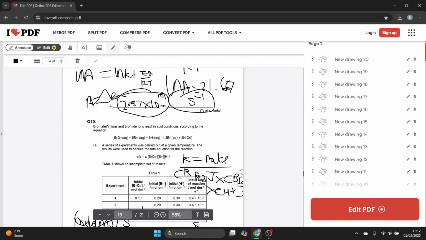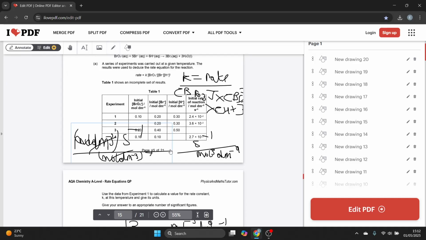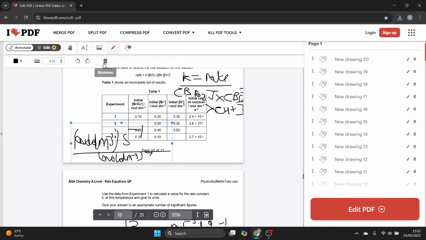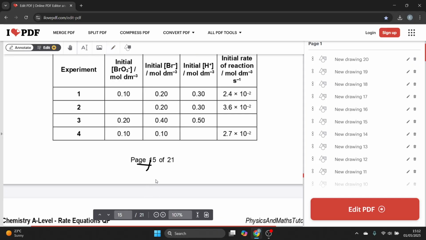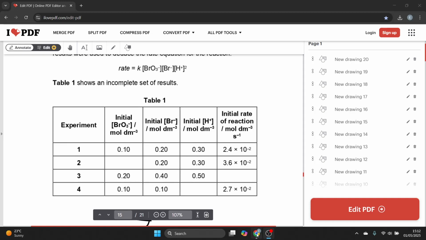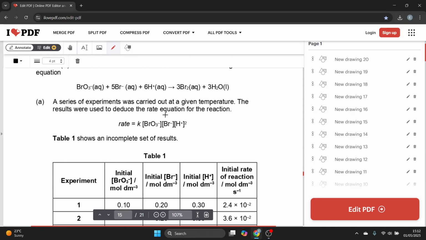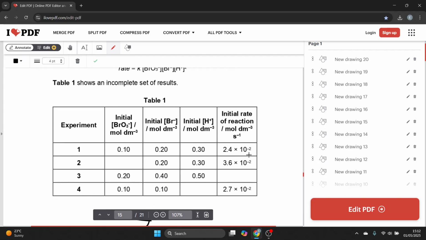Complete table 1. Okay, well, let me just get rid of all of this now, because there are quite a few gaps. There's how many gaps? 3? Okay. So how do I approach this? Well, I know these two are first order, that's second order. Let's compare experiments 1 and 2. That's constant, what does that increase by?